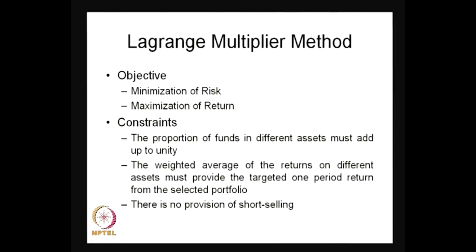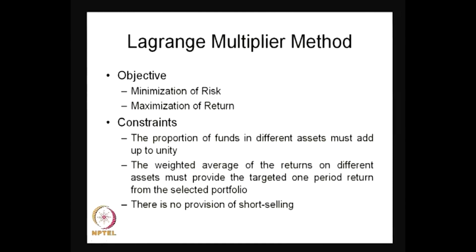Then, like other linear programming problems, whenever we consider different stocks or different assets, we also face certain constraints. The constraint is that the proportion of funds in different assets must add up to unity.